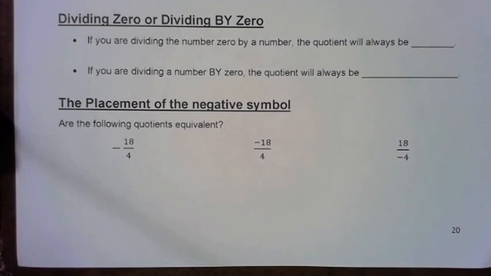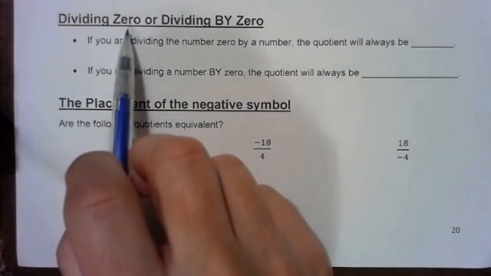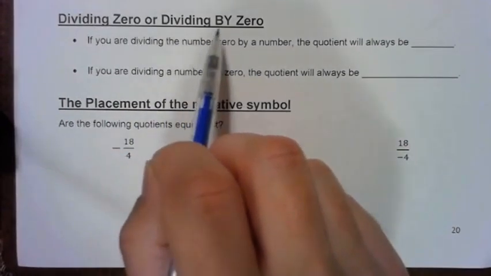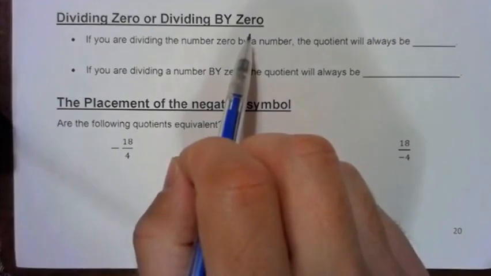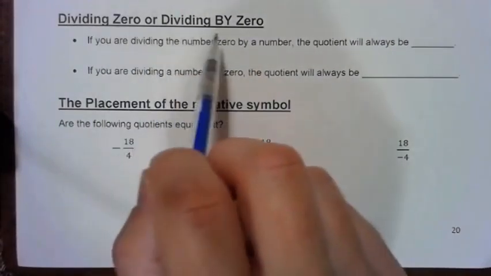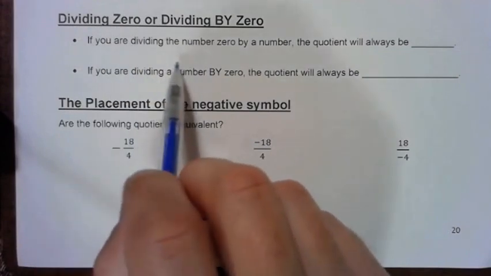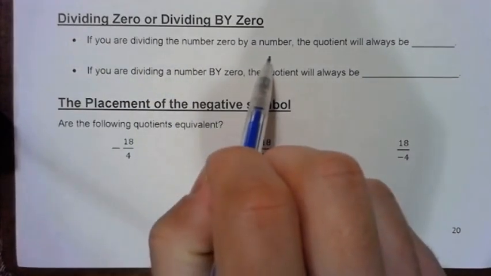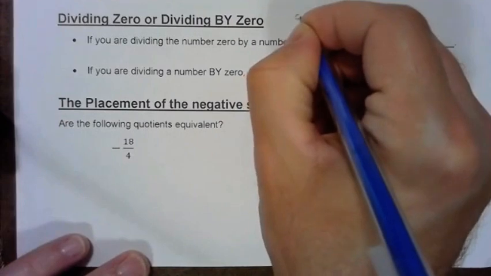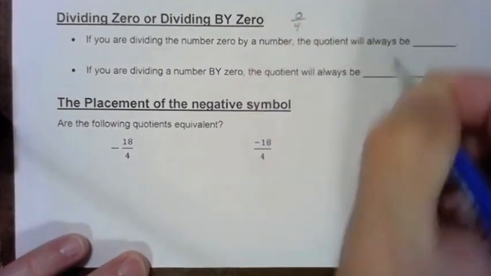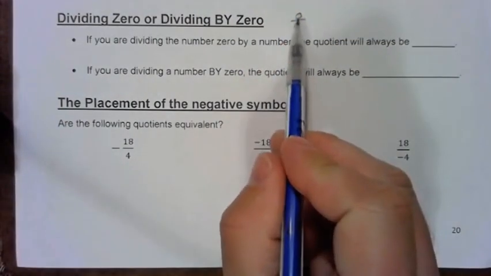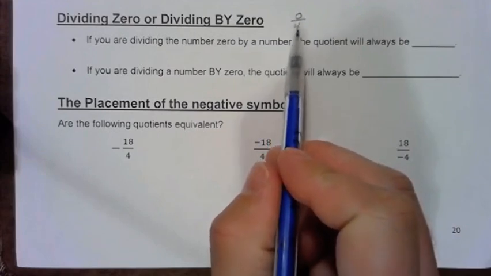Another area of division that we need to investigate is when the number 0 is involved. You could be dividing the number 0, or you could be dividing by the number 0. These sound the same, but they actually mean two different things. If you're dividing the number 0 by a number, for example, 0 divided by 4, you're starting with nothing, and you're taking nothing and dividing it into 4 equal groups.